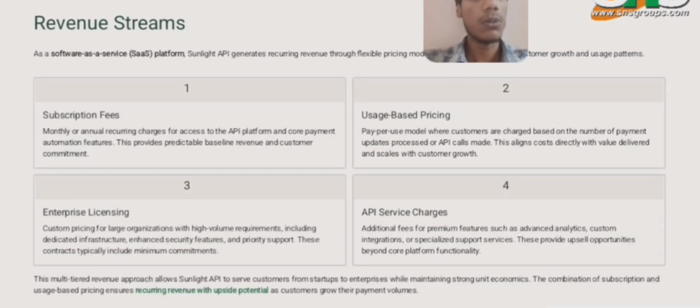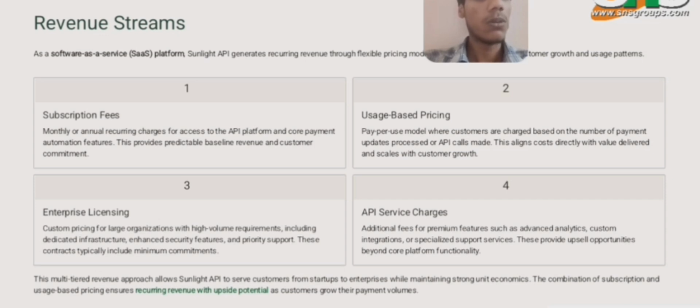Next, revenue streams. As a software as a service platform, Sunlight API generates recurring revenue with flexible pricing that fits customer growth and usage patterns. First, subscription fees. Monthly or annual recurring charges for the API platform's core payment automation features. Second one, usage-based pricing.